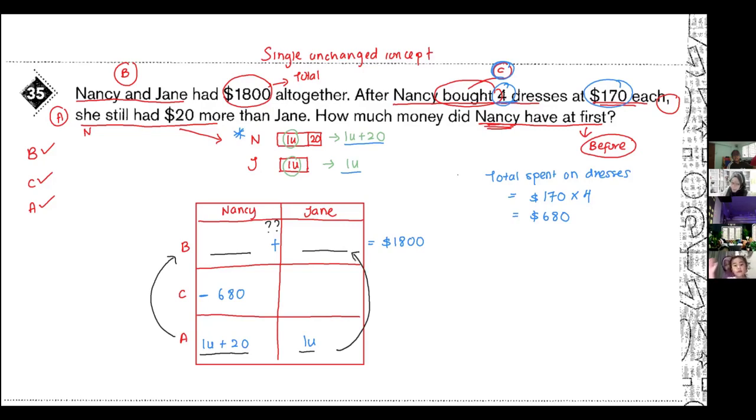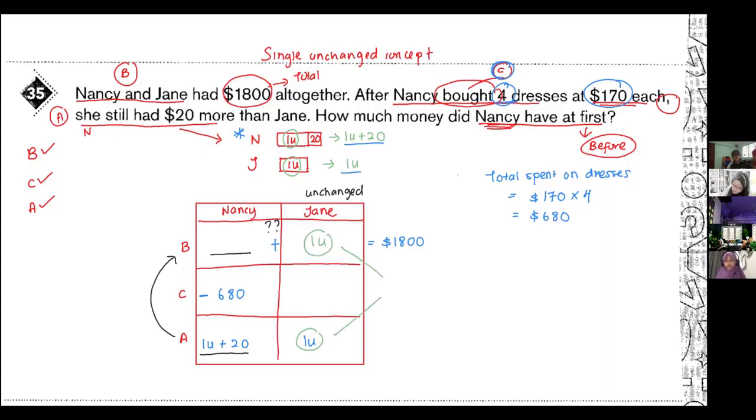Okay. However, if you look at Jane, since it's single unchanged concept, Jane is unchanged. So if Jane is unchanged, we don't have to work backwards like that. All we know is since she has 1 unit in the end, over here at first she will also have 1 unit. Why?